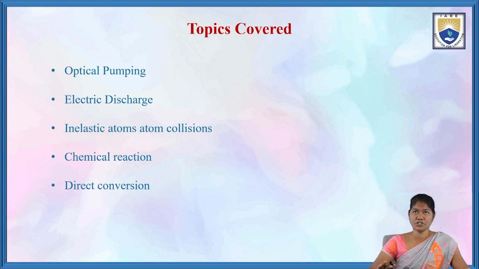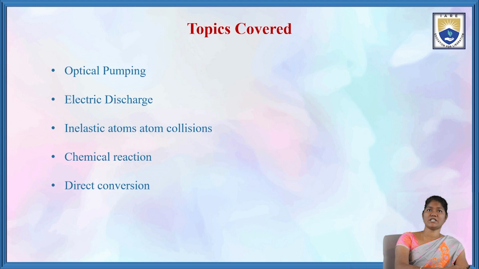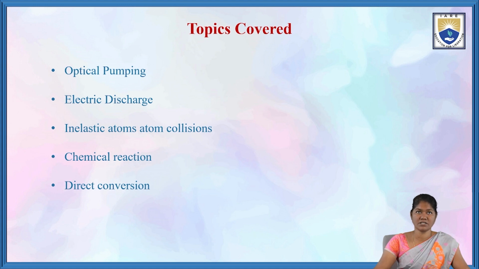Usually, in the lower energy state, atoms are more numerous compared to the higher energy state. But to achieve the population inversion, we have to make more atoms in the higher energy state compared to the lower energy state.